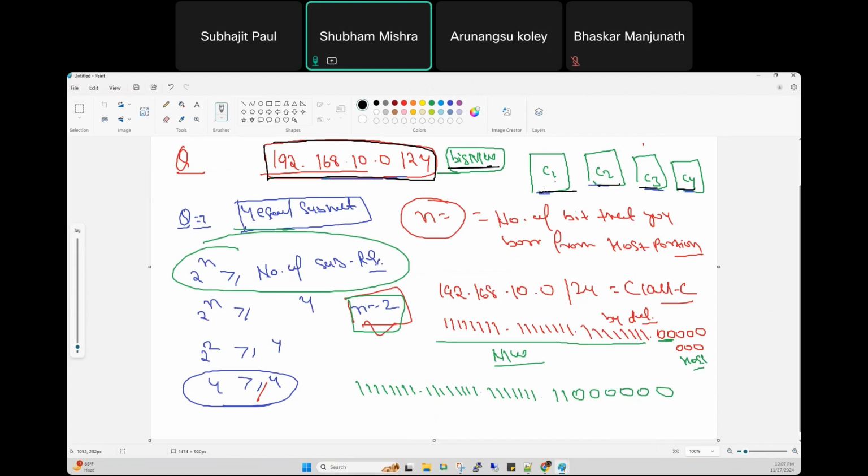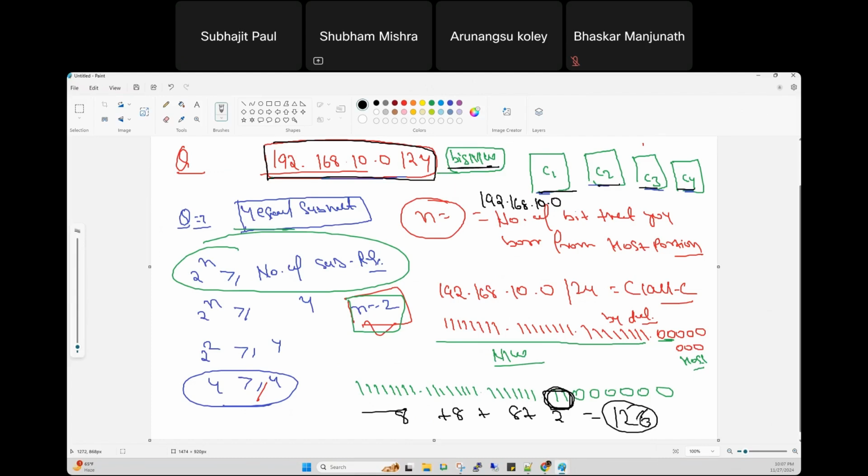So what will you do? You will provide 192.168.10.0. And what will be the subnet mask? 8, 8, 8, and these two bits. How much? Slash 26.